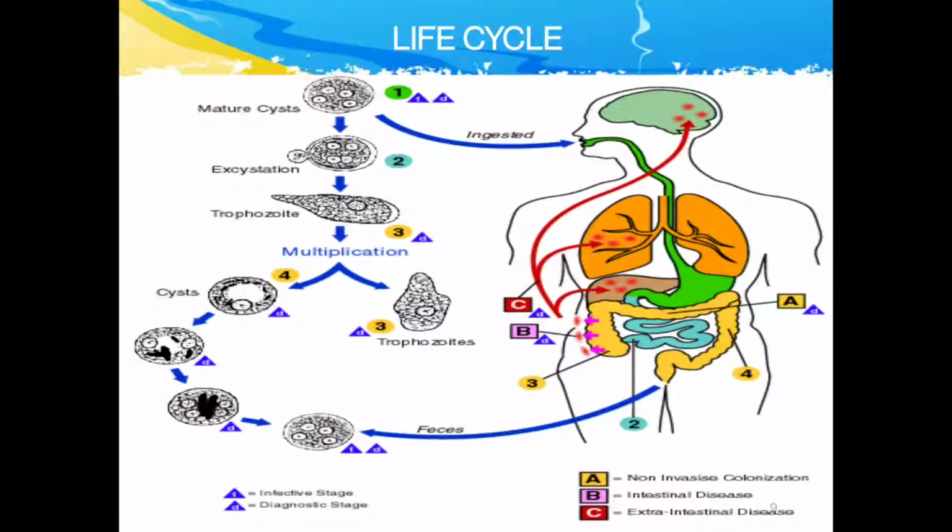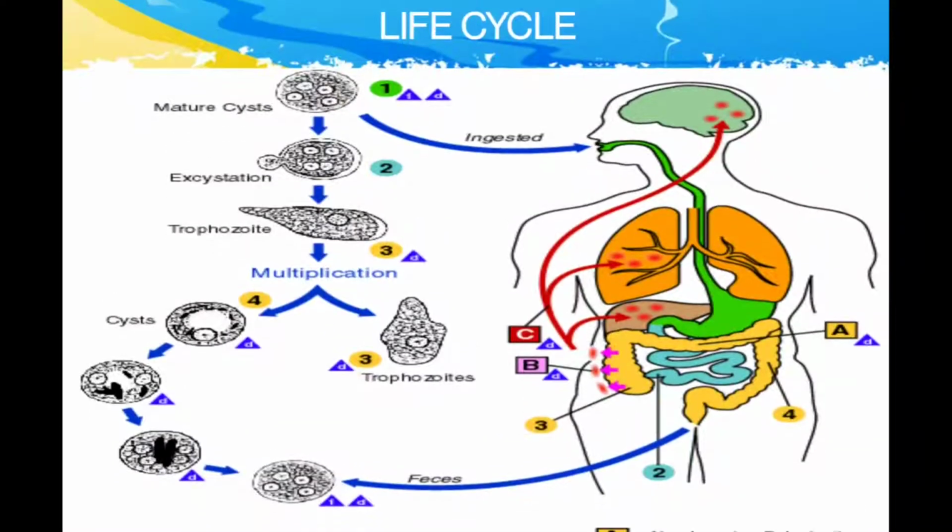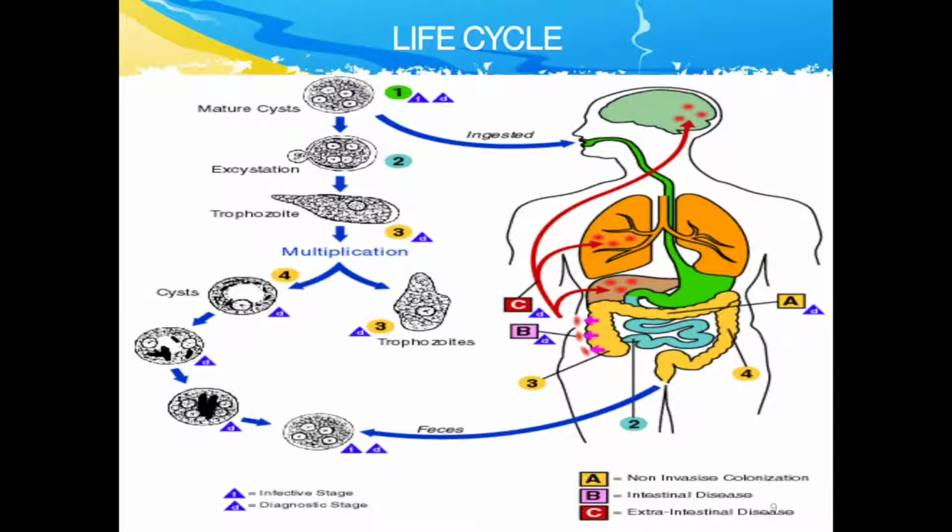Here you can see that first it affects the large intestine, as shown in the diagram, and it also causes intestinal disease. Due to this intestinal disease, it is absorbed into the circulation and goes to the liver, causing extra-intestinal disease. Ultimately it travels to the brain, which is very complicated to understand.